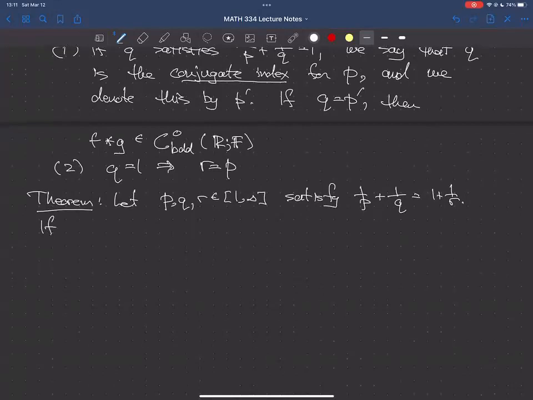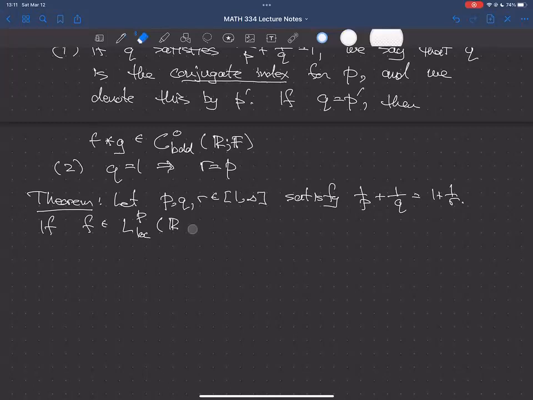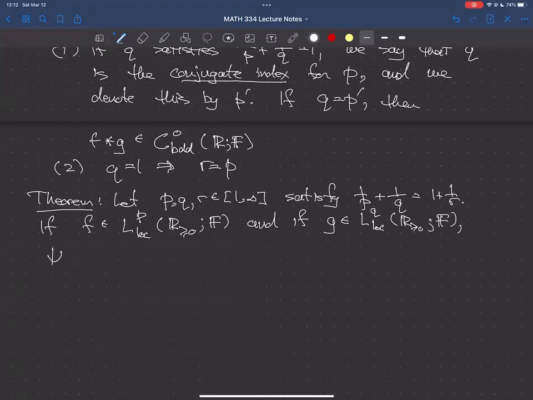So if F is in LP loc of R, sorry, positively supported, and if G is in LQ loc, then F and G first is convolvable, and the convolution is in LR loc.